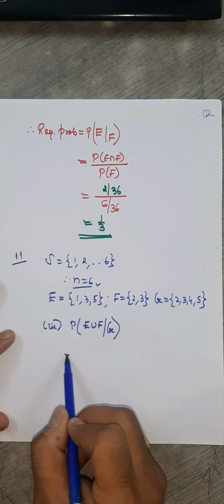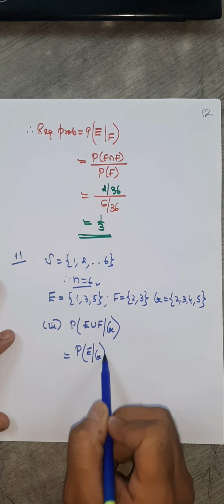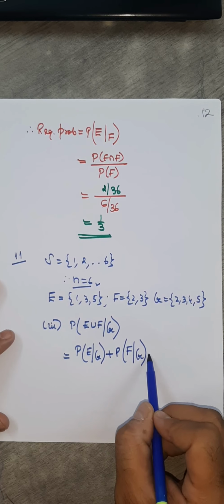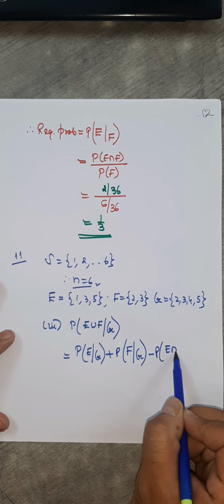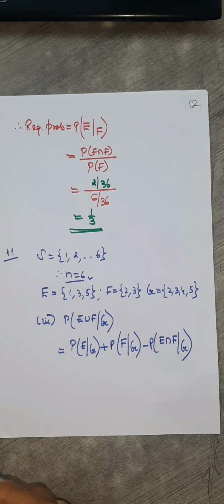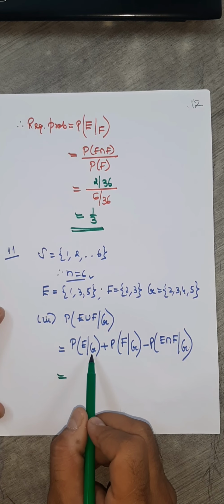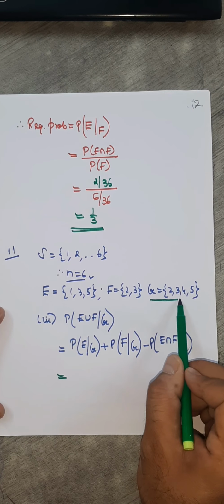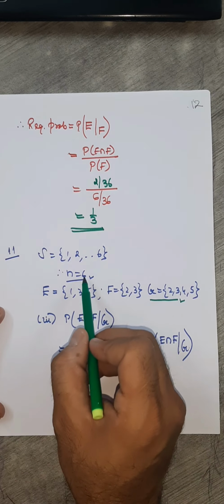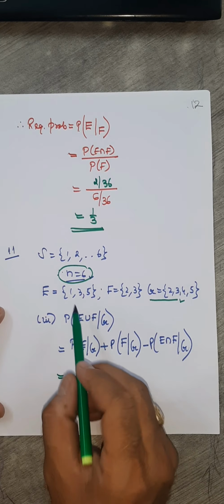I'll use that property: probability of E given the event G plus probability of F given the event G minus probability of E intersection F given the event G. I've used one of the properties, if you remember. Now what is E given the event G? Now G became the sample space. It has how many members? 4. So I'll write upon 4, while the main sample space has 6. So 4 by 6. F.